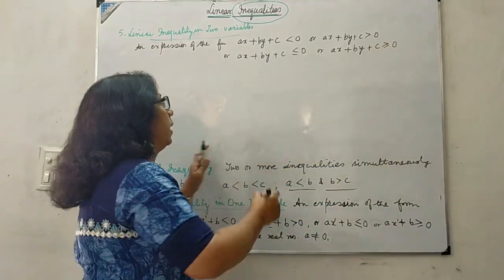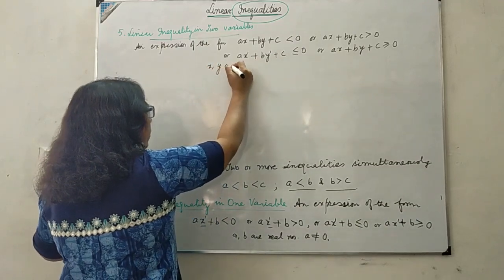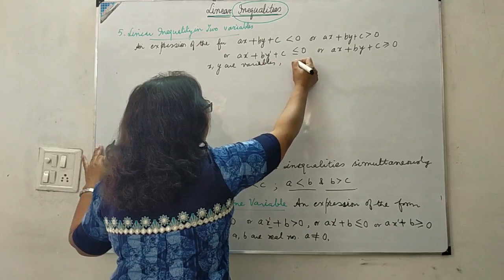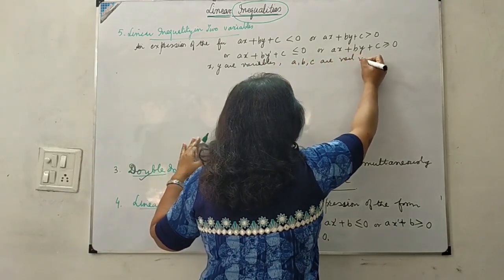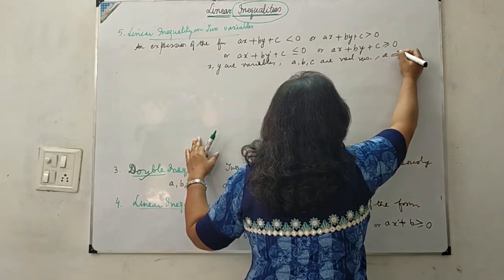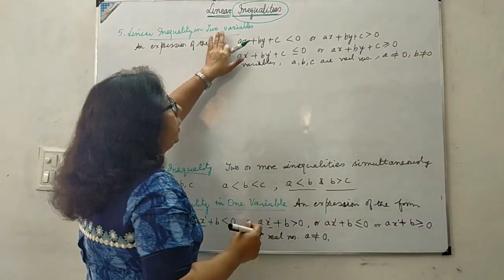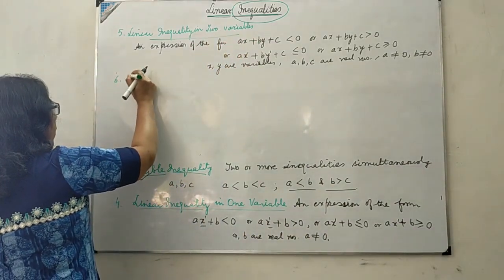These all have two variables, x and y are the variables here, and a, b, c are real numbers such that a is not 0 and b is not 0, only then it is a linear inequality in two variables. Now the sixth one is quadratic inequality.